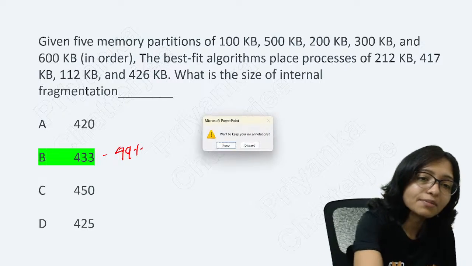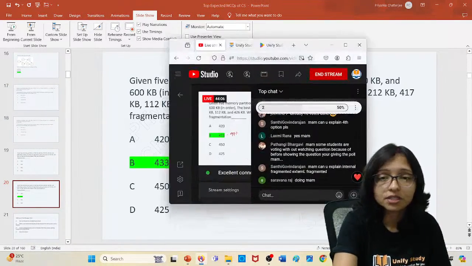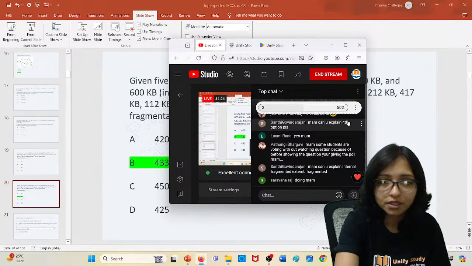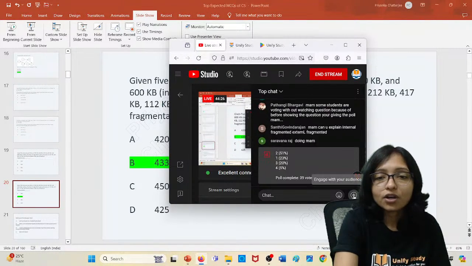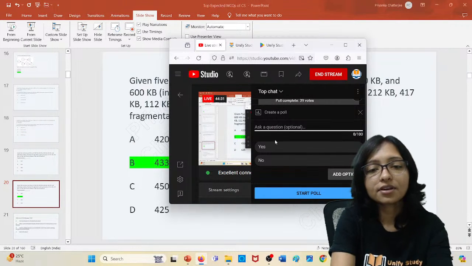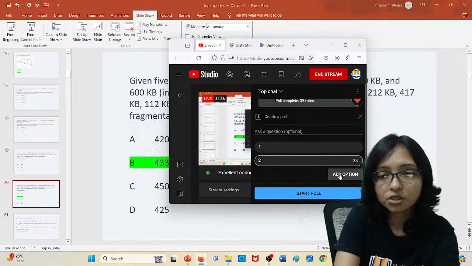So here I am stopping this poll and I will start a poll for the next question. Please, before getting the next question, don't answer on the poll. Okay, you are not kids. It is not possible to start the poll on the same screen. I am trying to do this for you. Try to cooperate with yourselves also.